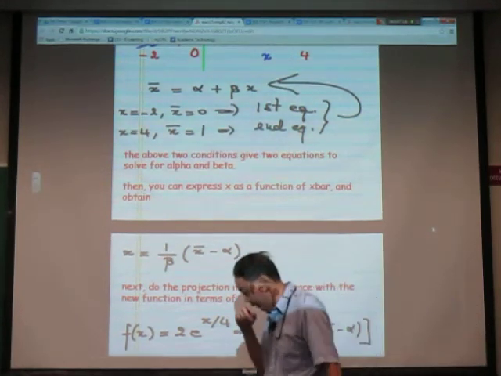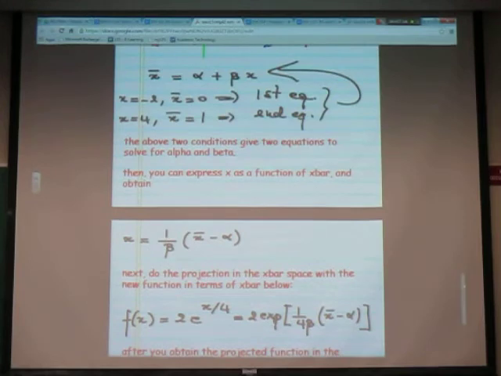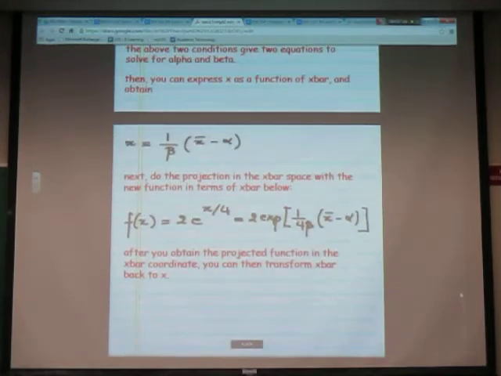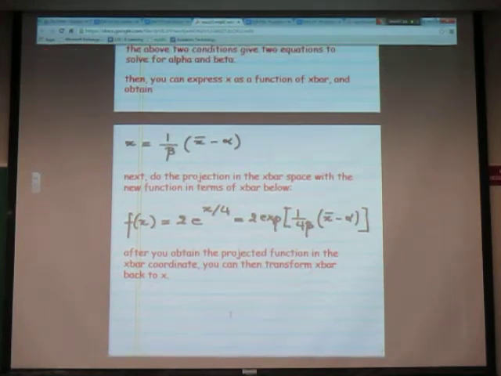That's really the key in this. Why? Could someone in the class tell me why you want to do the projection in the x bar space? Please do it quickly because we are doing a review here. So please participate, because that also helps you to remember rather than be a passive watcher.